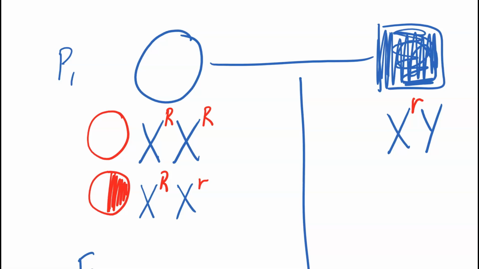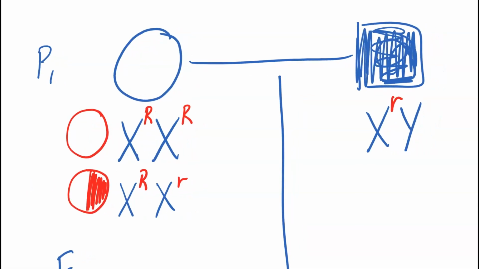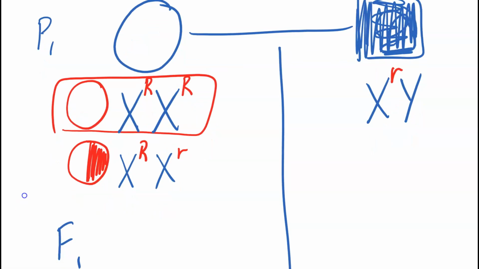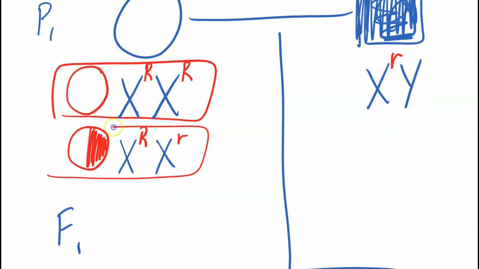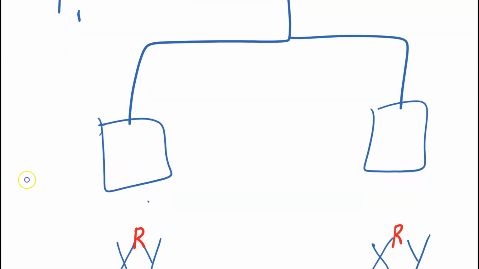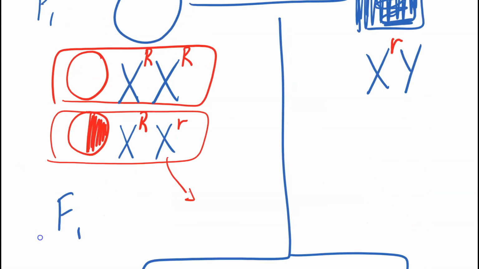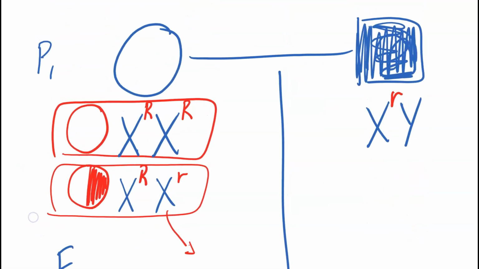We don't know her genotype, but most likely her genotype is probably going to be this one right here, simply because it would lessen the chance that it was this one, because that means she could have perhaps passed on that colorblind gene. Since she passed the X on, that would have made the offspring colorblind, and we simply know they're not colorblind. If this was her genotype, however, then this would be what the pedigree would look like.